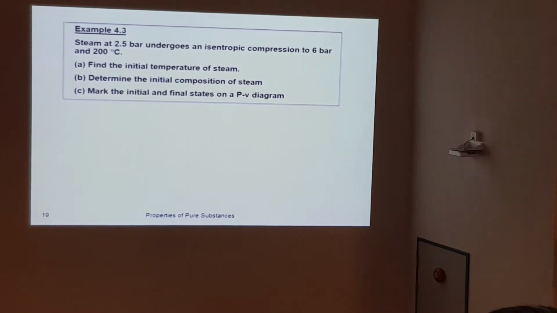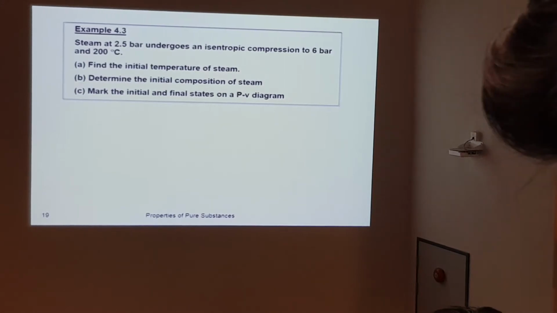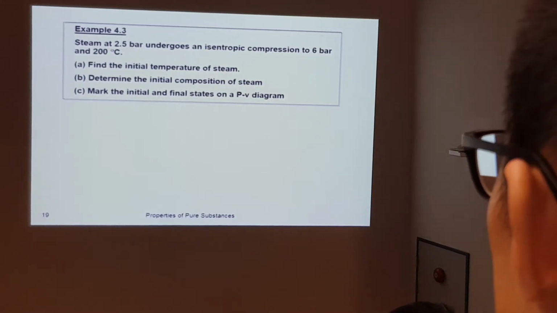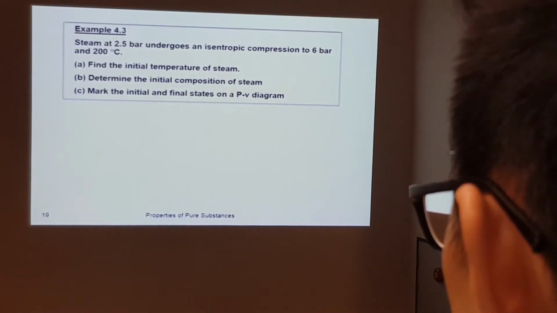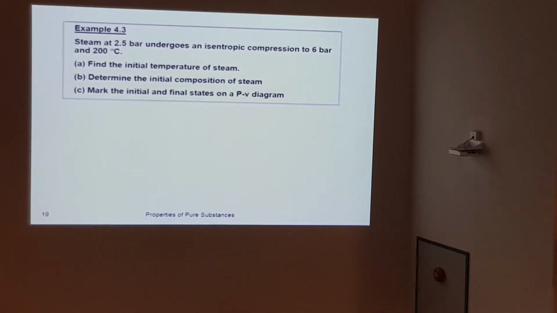What is the entropy for liquid and vapor? Please, everyone, can you all practice now? For 2.5 bar, what is the entropy for gas and liquid? Did you find? So, what can you all determine?